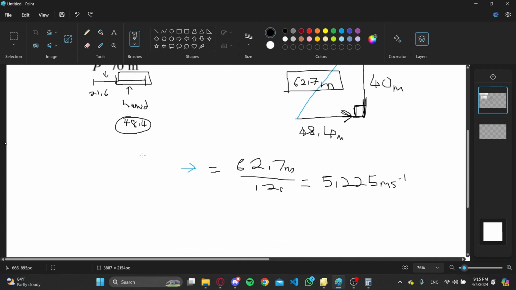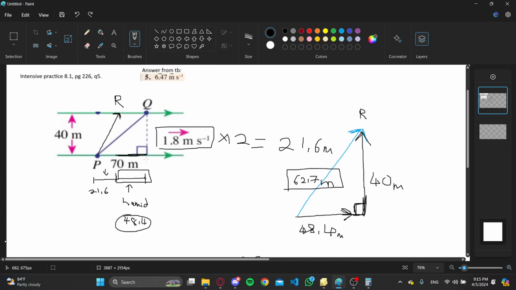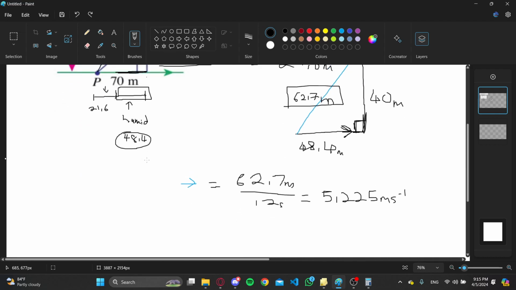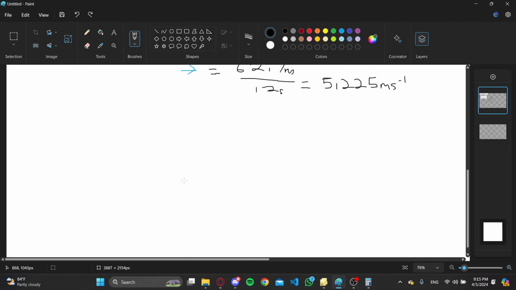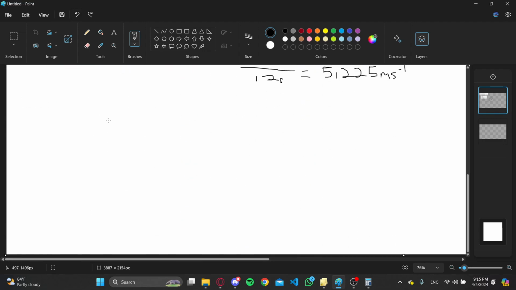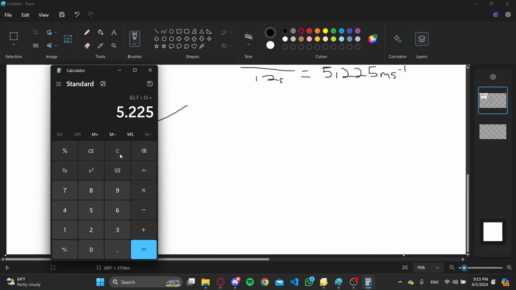How do I convince you though? Okay, let's just try whatever comes to my mind. So we know that his boat plus the river traveled this distance, PQ. Let's just draw it out. This is PQ. PQ is 40 squared plus... oh, okay, I have to do this.